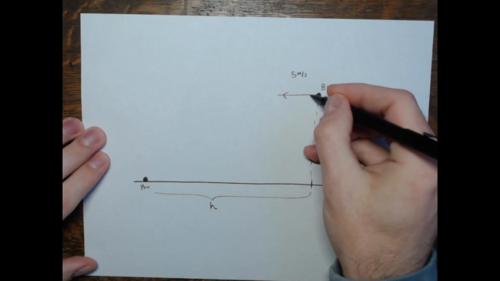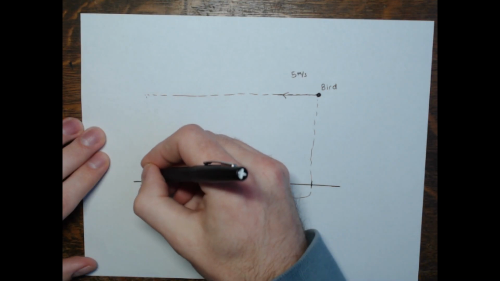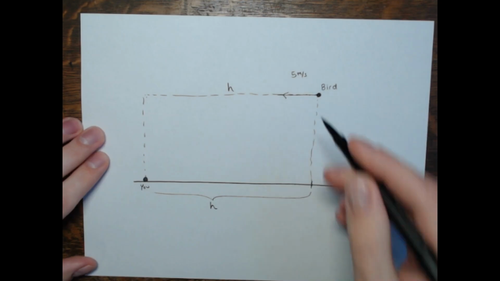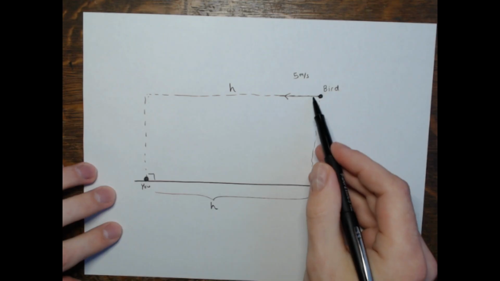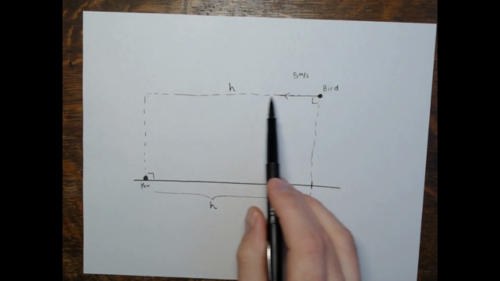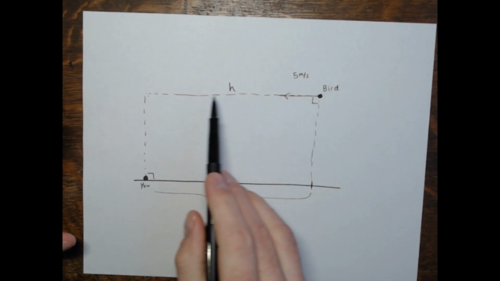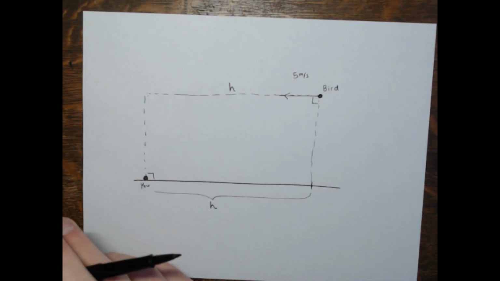So this, again, could be h up here as well, directly above you. So this is also h, just make a little rectangle here, 90 degrees all around. But that's obviously changing as time goes on, right? h would be shrinking, this horizontal distance, if it's flying towards you.